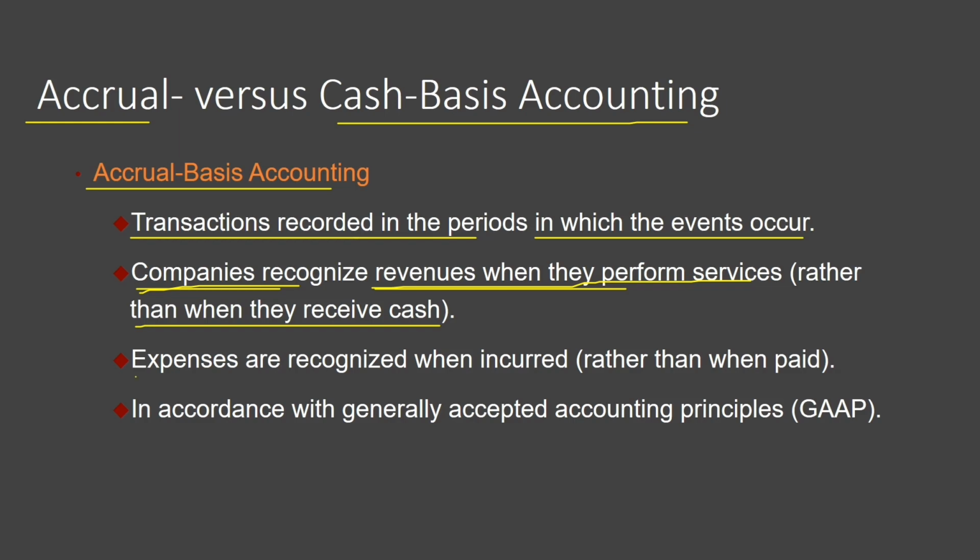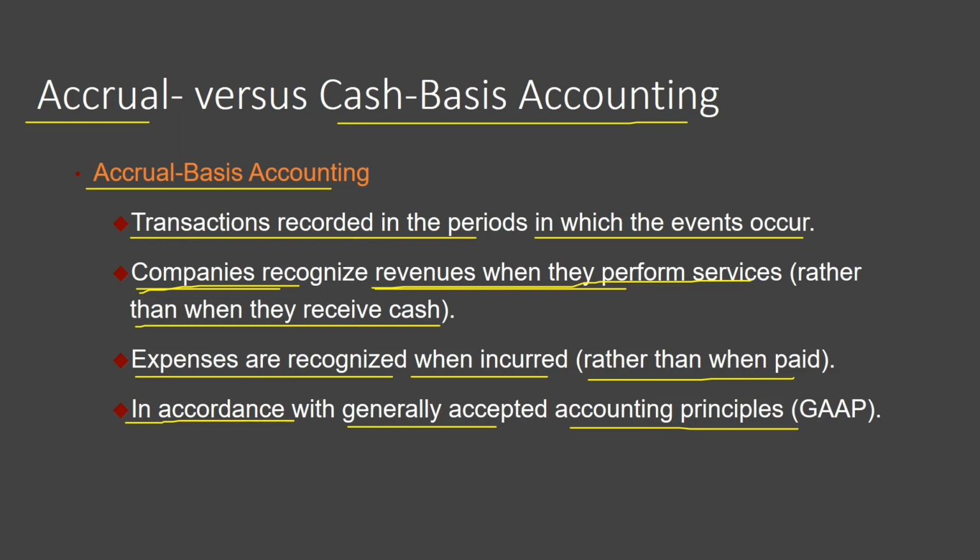Similarly, expenses are recognized when incurred. When the expenses are incurred, we will record those expenses rather than when they are paid. So in accordance with generally accepted accounting principles, according to GAAP, we will have to record the transaction when it occurs.